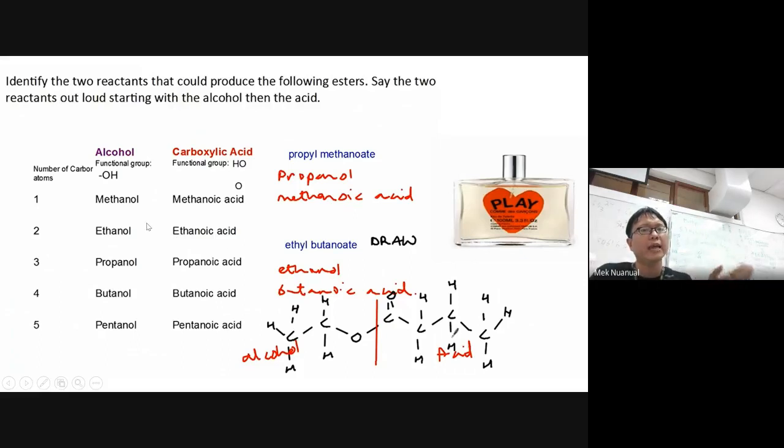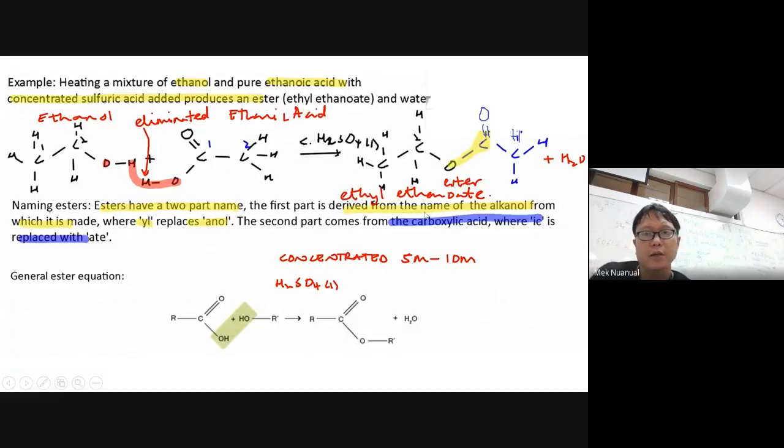When you name it together, if I have methanol and methanoic acid, my ester name is going to be methyl methanoate. So what you're doing is replacing the parts that were in your original alcohol name and your carboxylic acid name.